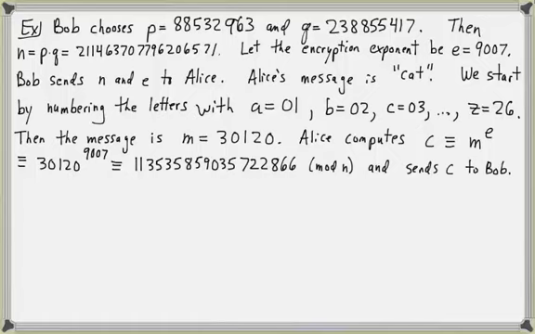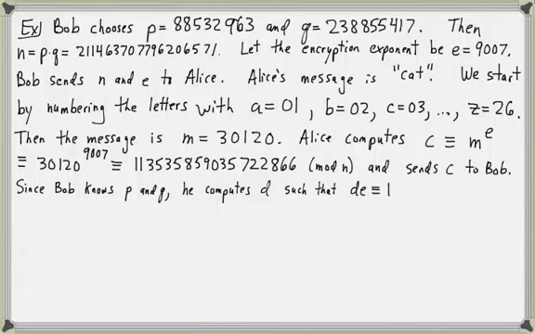Then Bob, since Bob knows P and Q, he can figure out the decryption exponent D. So he computes the decryption exponent D such that D times E is congruent to 1 mod phi of N. So we could use the Euclidean algorithm, for example, to solve this.